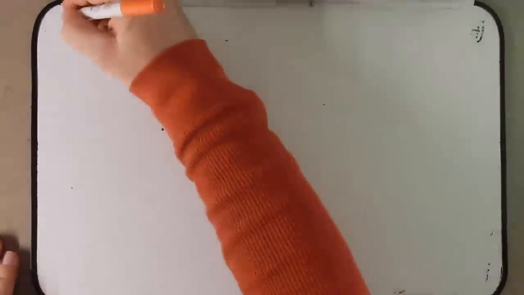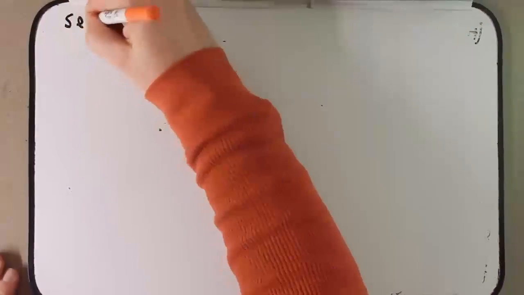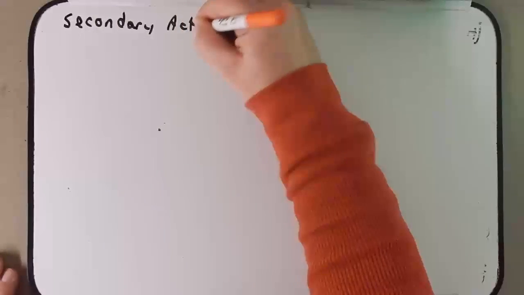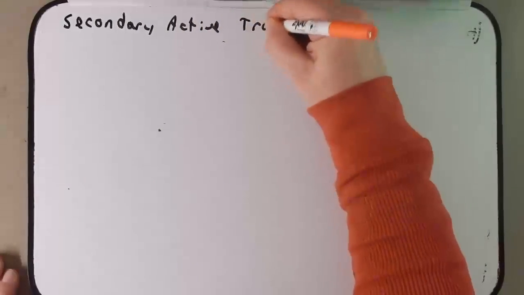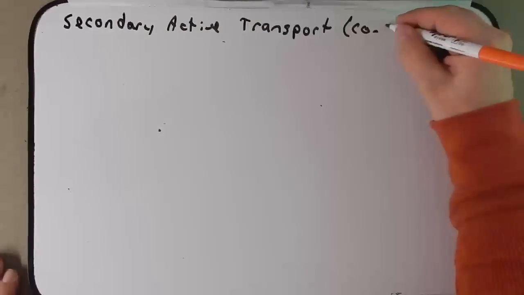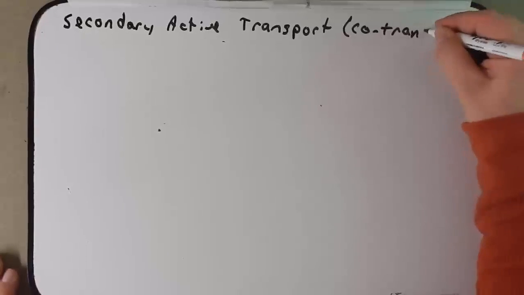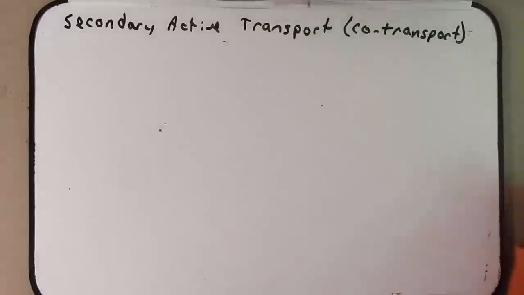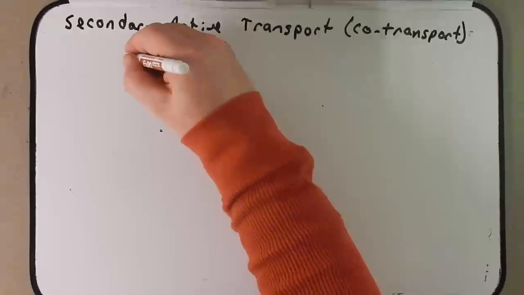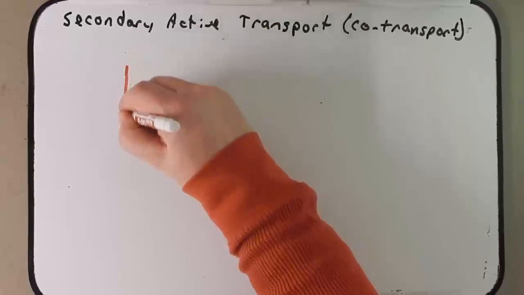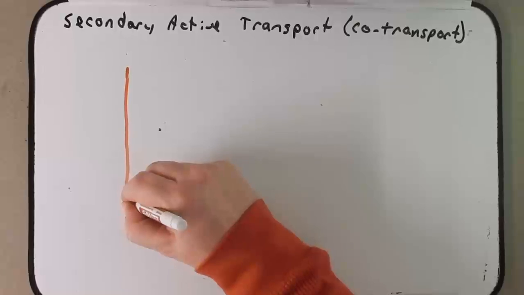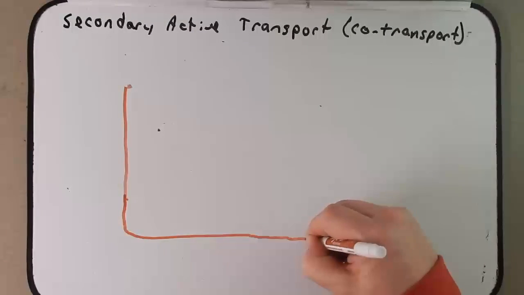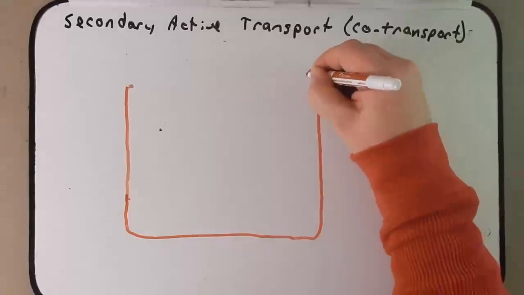Okay, so let's go ahead and talk about this secondary active transport, which is often just called co-transport. I think the easiest way to talk about and to understand secondary active transport is to think about digestion. And so I'm going to draw an epithelial cell in our small intestines.